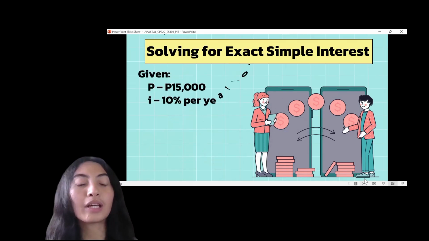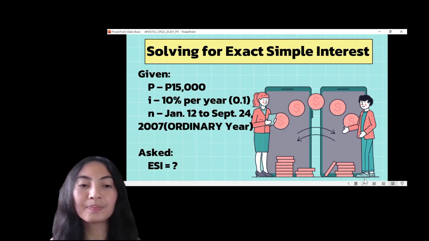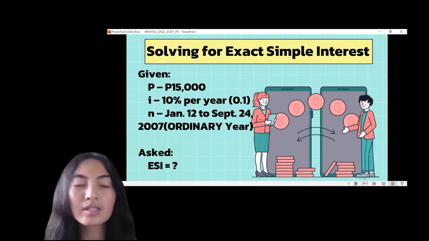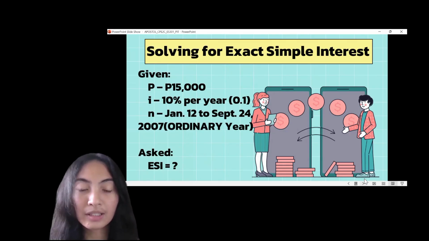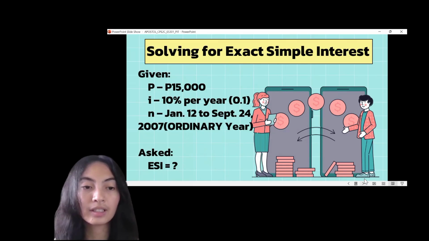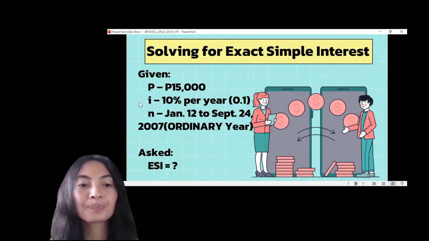We have P, which is 15,000 pesos, I as 10% or 0.1, and N, which is equivalent to the given duration in the problem.